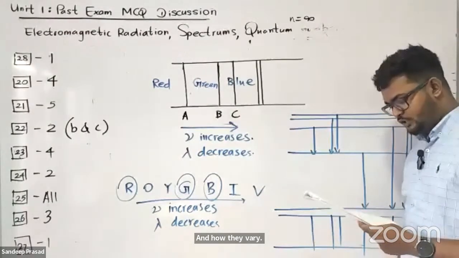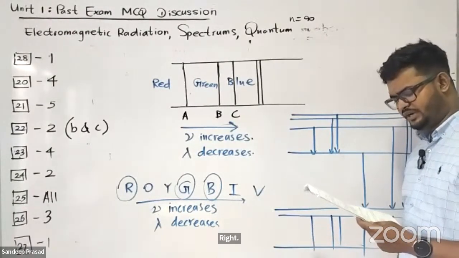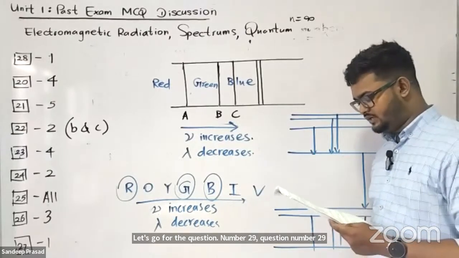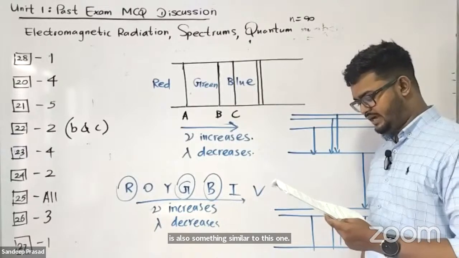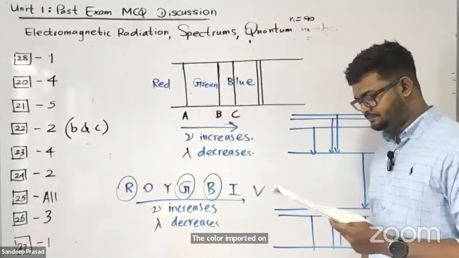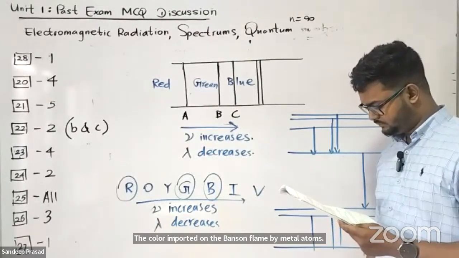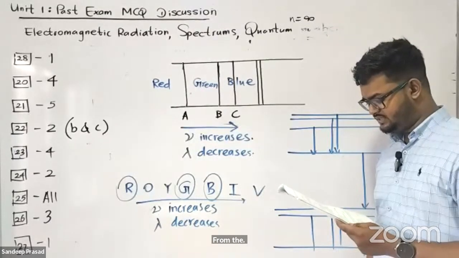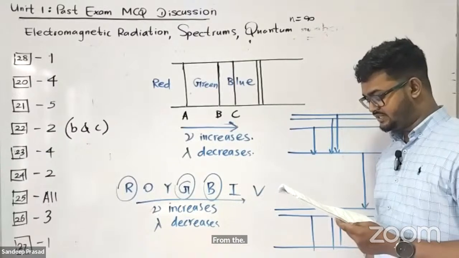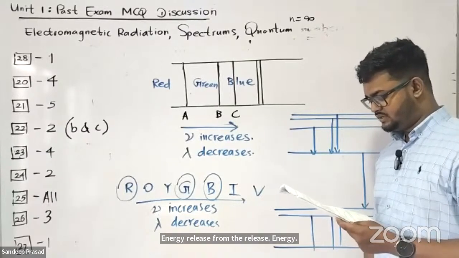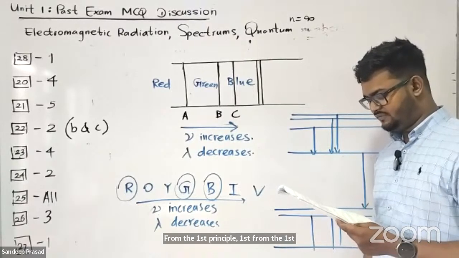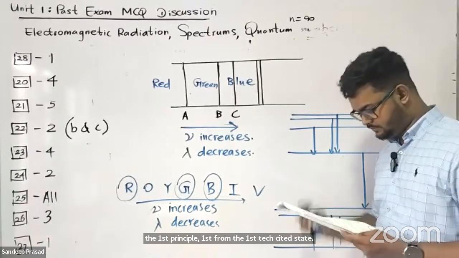Right. Let's go for question number 29. Question number 29 is also something similar to this one. The color imparted on the Bunsen flame by metal atoms comes from the energy released when the electrons return to the ground state from the first excited state. The flame colors of some atoms are given below.